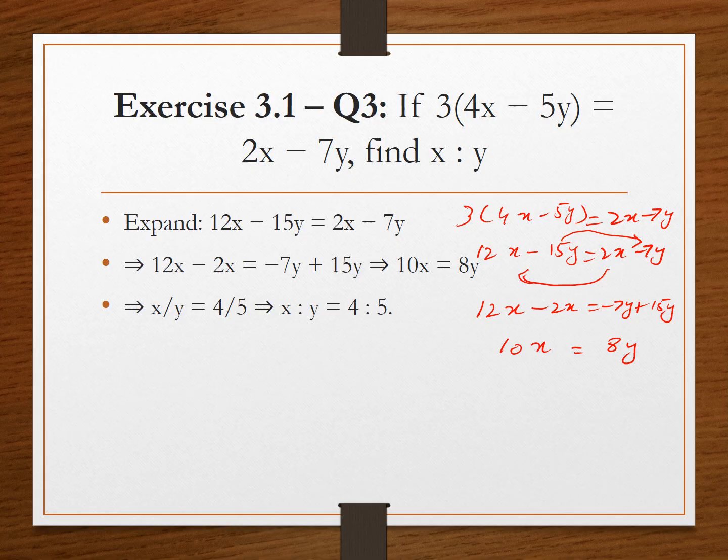As we have to find x ratio y, y will be shifted to the left hand side and 10 will be shifted to the right hand side, and we will get x over y is equal to 8 over 10. After simplification, we will get 4 over 5. So our required fraction is 4 over 5.